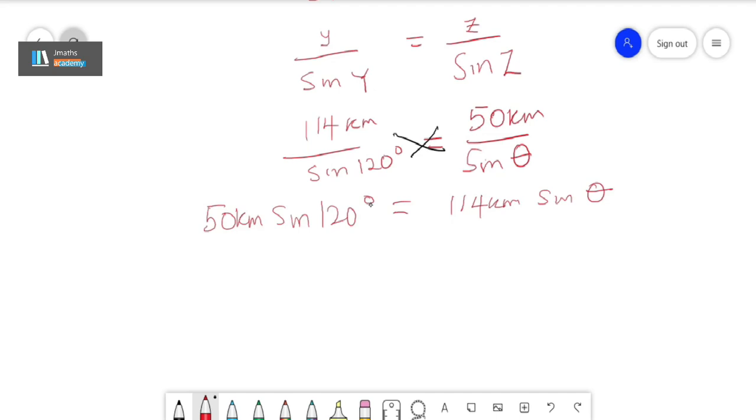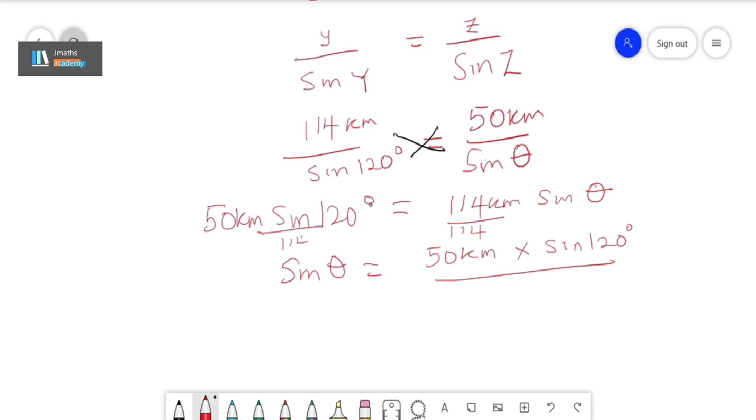So since we are looking for theta, we have sine theta to be, we have 50 kilometer multiplied by sine 120 degrees over, we divide both sides by 114. So we have here to be 114 kilometer.